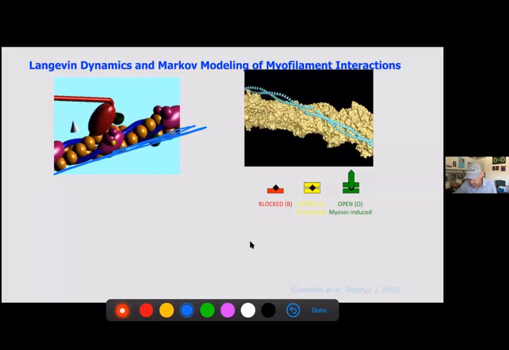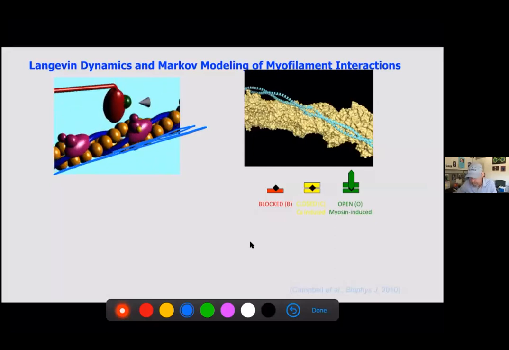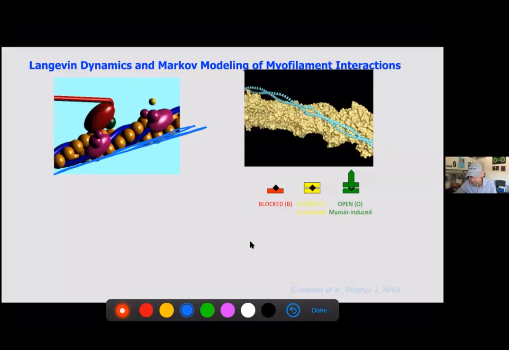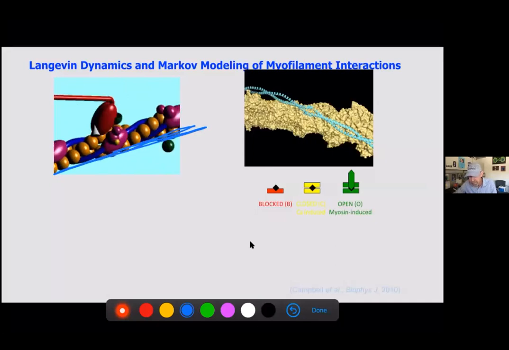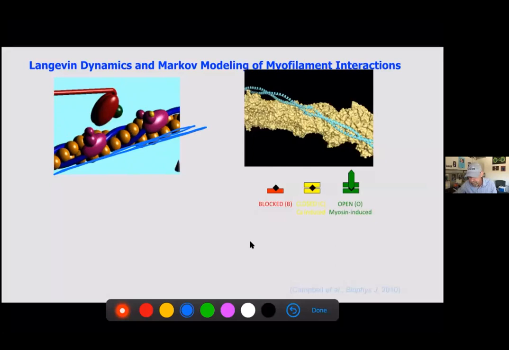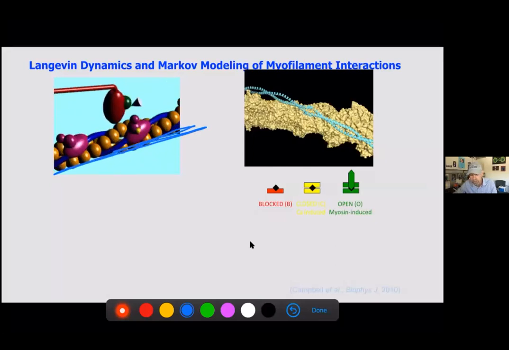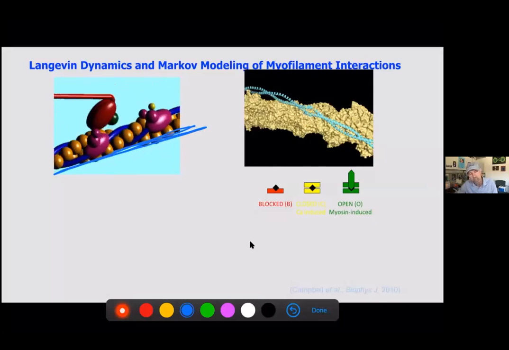And calcium has to bind to troponin C. You can see the calcium coming in, a little yellow ball coming into troponin C, causing the troponin to rotate. Troponin I dissociates from the actin, which allows it to rotate, and that causes the tropomyosin to shift. And as the tropomyosin shifts, it allows the myosin to bind.